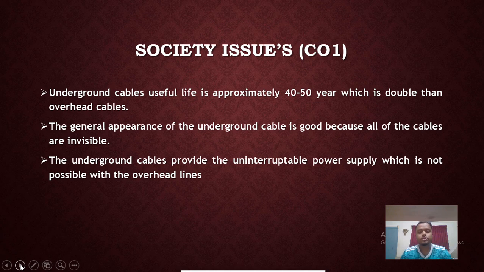The underground cables provide uninterrupted power supply, which is not possible with overhead cable. So the students and the teachers will be quite happy with it, because in a university system like AIUB, they need continuous electricity for uninterrupted connection and of course a long useful life, so they will be quite happy.